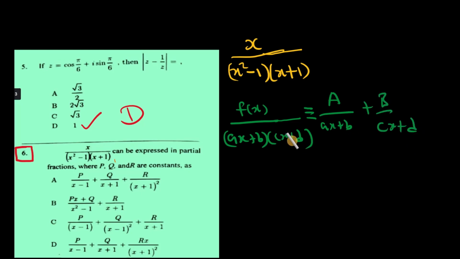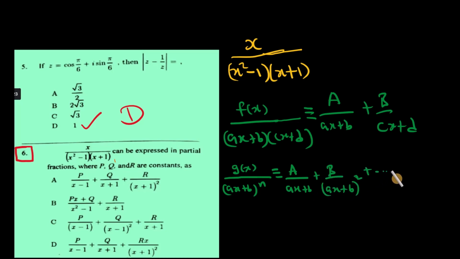This is partial fraction with linear factors in the denominator. If we have a partial fraction of the form g of x all over ax plus b, the nth power, we can express it in the form A over ax plus b plus B over ax plus b squared, up to plus C over ax plus b to the n. This is called partial fraction with repeated linear denominators.